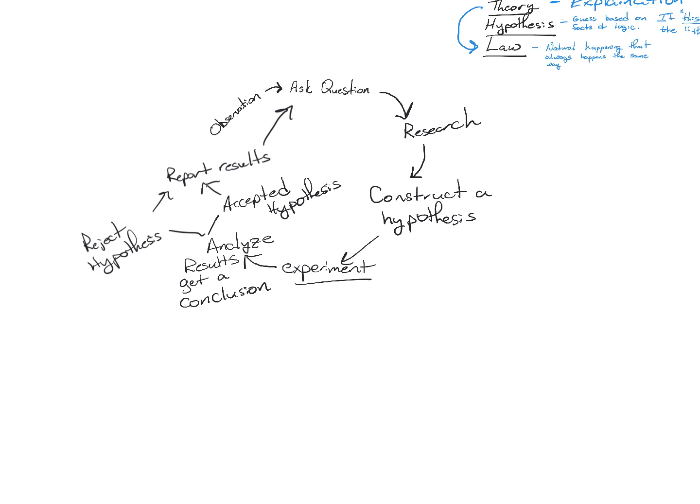I flip it once and I get heads. Do you believe me? How many times do I have to flip it for you to believe that I can do it every time? Well, a lot, right? I have to repeat it a lot for you to actually start thinking, okay, maybe he can do it. So we repeat it to make sure that we didn't get lucky, or there wasn't a mistake, or that it is actually something that happens a lot, enough that we should think about it as a theory. Does that make sense? Okay.